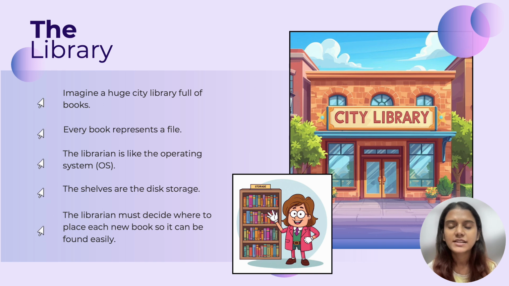The librarian acts like the operating system, and the long bookshelves are like disk storage. Whenever a new book arrives, the librarian has to decide exactly where to place it so that it can be found quickly and efficiently later. This simple decision inside a library is very similar to what the OS does every time you create or save a file.